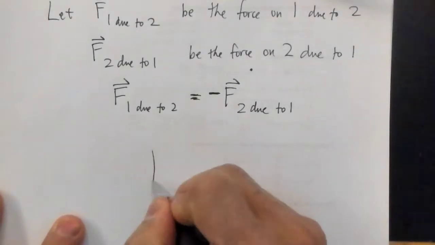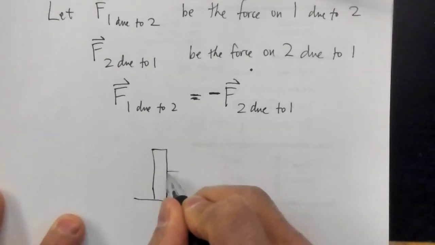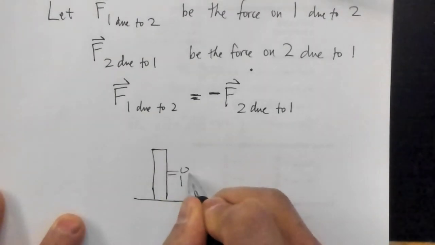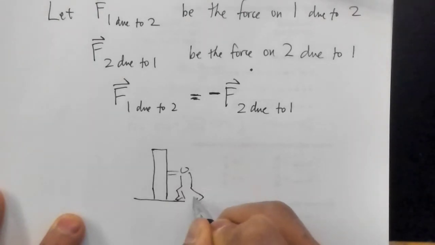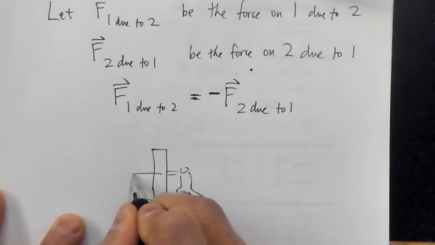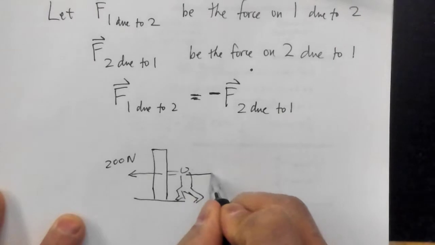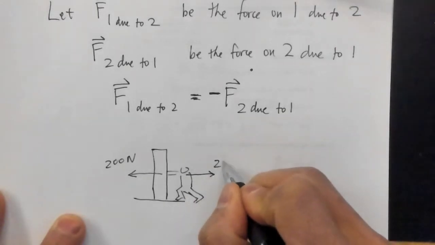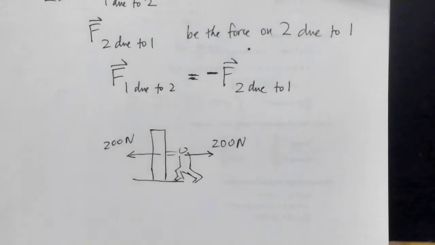So if there's a wall, and I'm pushing on this wall with some force, say 200 newtons, then the wall is pushing 200 newtons in the opposite direction onto me.